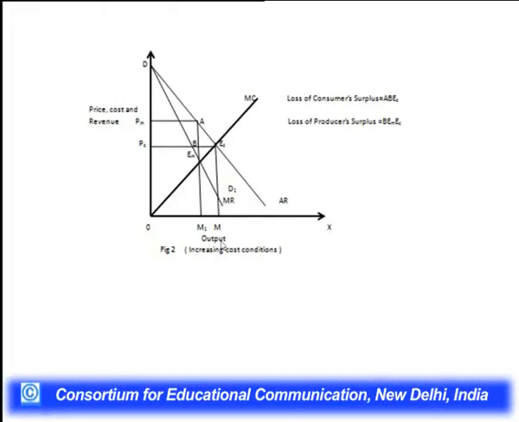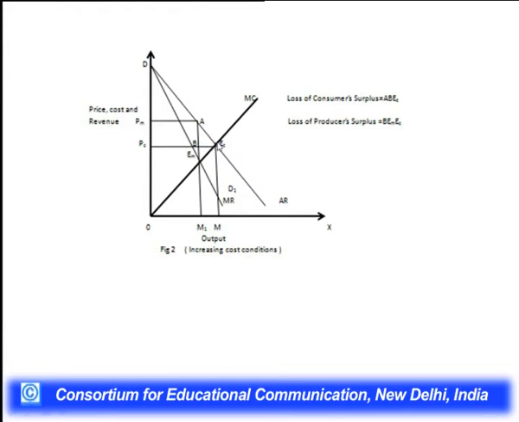In figure 2, output is shown on the x-axis, price, cost and revenue are shown on the y-axis. Average revenue is declining in case of monopoly and marginal revenue is below it, and marginal cost is rising due to the increasing cost conditions.